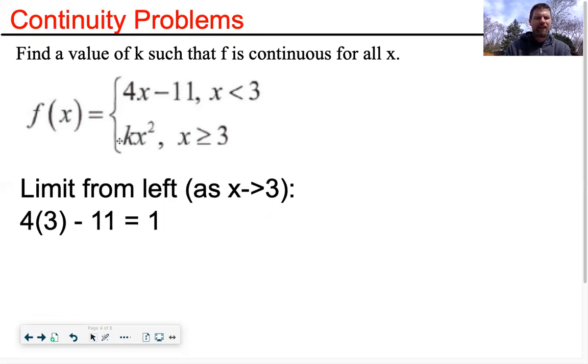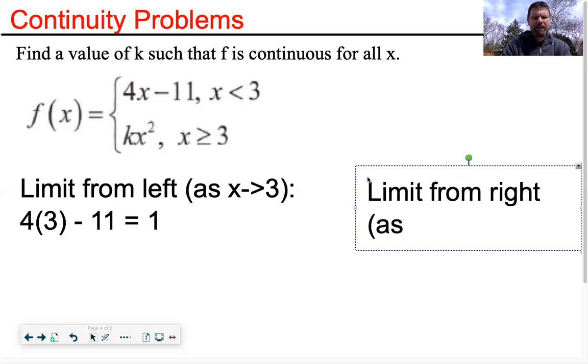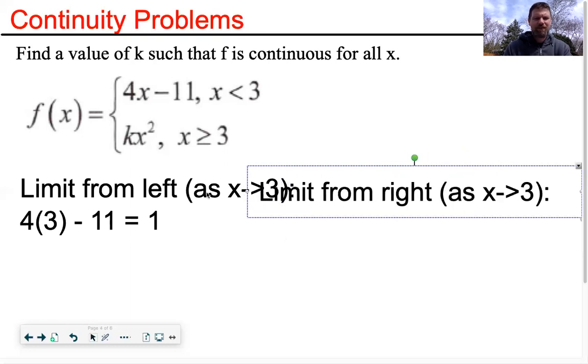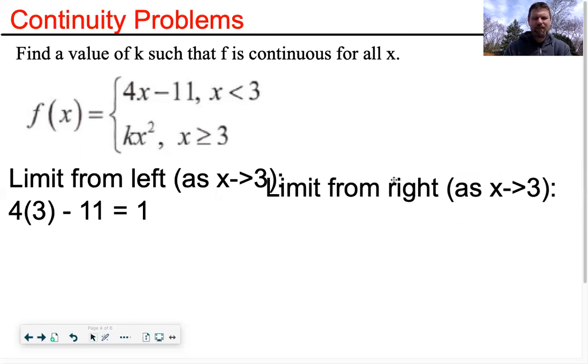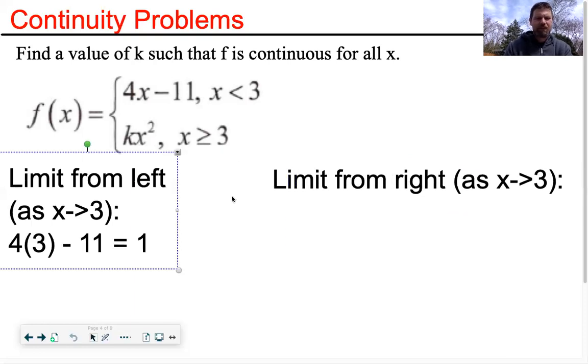From the right-hand side, it'd be this function. So I can do it again, limit from the right as x approaches 3. We're just going to do this so I can give myself some space.